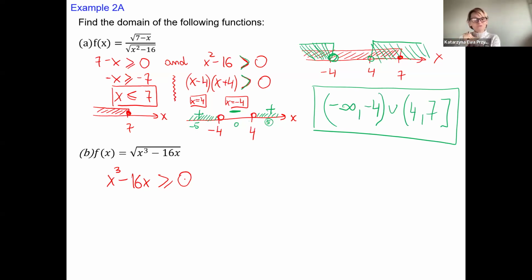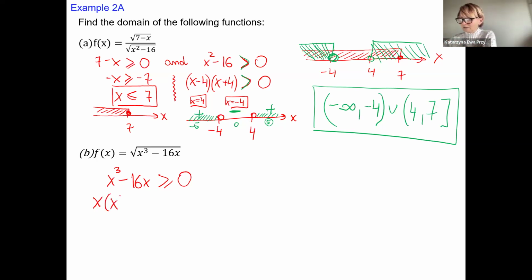Okay, what will we do for this one? It's a third degree polynomial, definitely not linear. Let's find all of the x's that make this quantity 0. Because on the left-hand side and the right-hand side of those zeros, those roots, the quantity will change sign, but we need only positive.